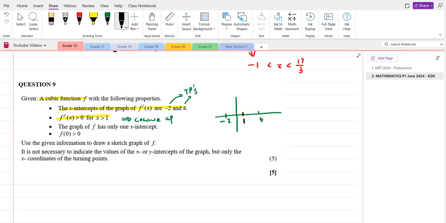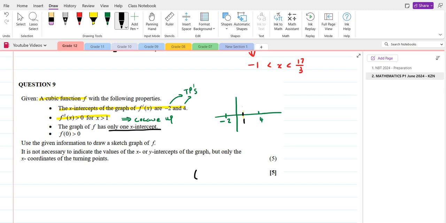F of 0 is greater than 0. The graph of f has only one x-intercept.